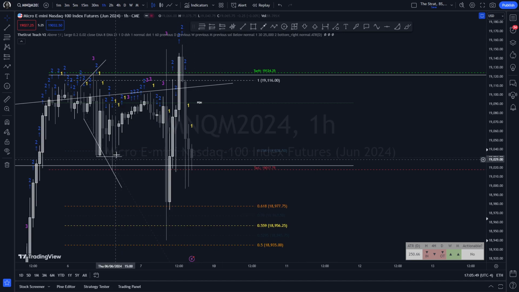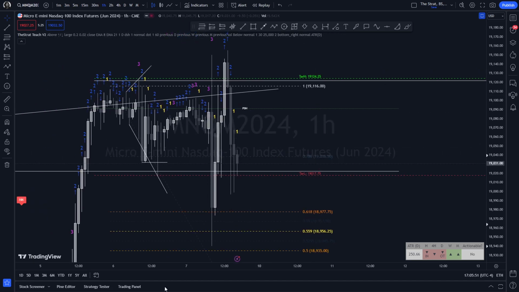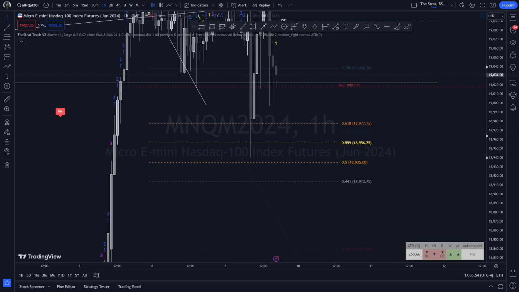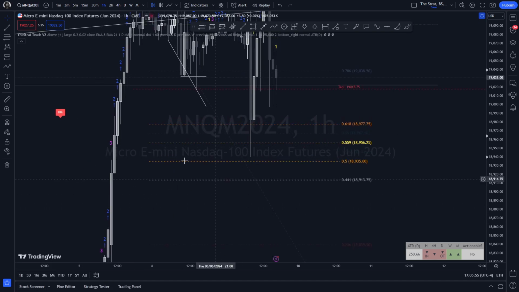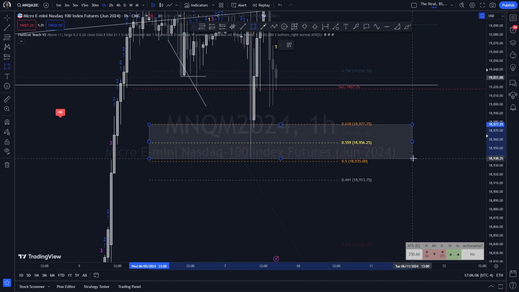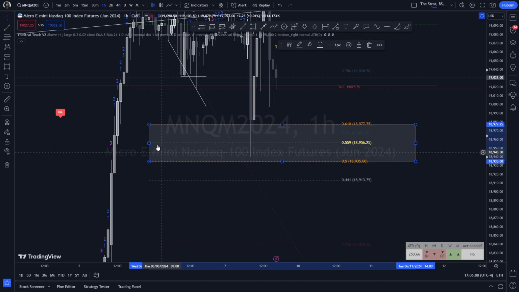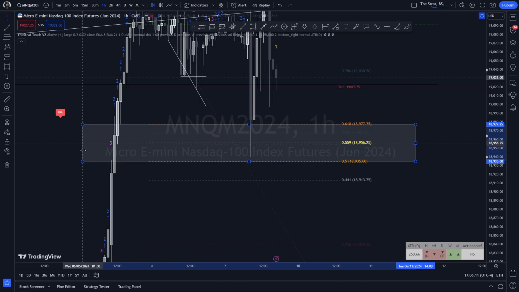And you can see, after we ran this low, it actually came into my, I modified this Fibonacci tool to put the midpoint of the golden ratio, which is right here. If you wanted to get even tighter, order block wise, do something like this, right?